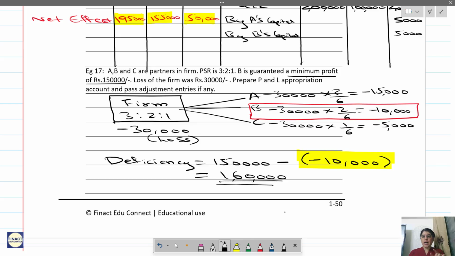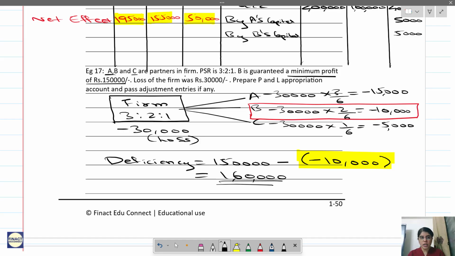B is guaranteed a minimum profit of 1,50,000 by whom? Nothing is given, so by the firm. So this guarantee deficiency, whatever is guaranteed to B, will be shared by the remaining partners. Who are the remaining partners here? A and C. Is there any other agreed ratio given in the question to share this deficiency?